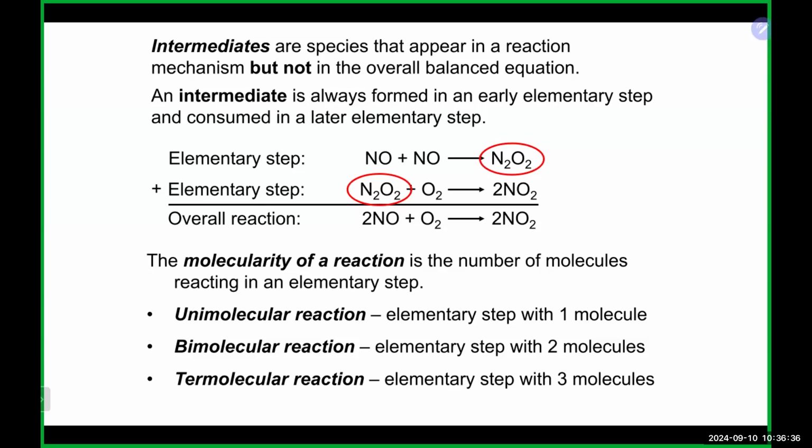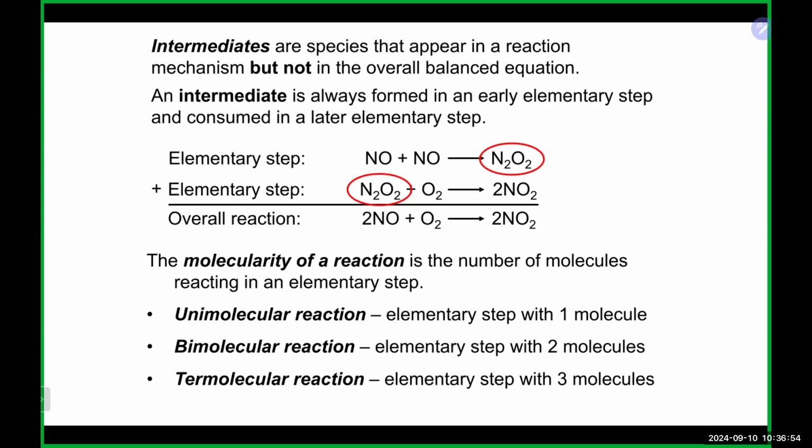If you do see it, then it's really not an intermediate. So an intermediate cannot be found in the overall reaction, but can be found in the mechanism that leads up to that overall reaction. So in this case, like I said, that N2O2 would be our intermediate.